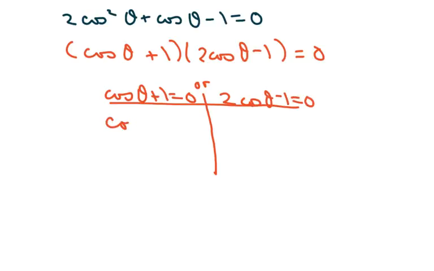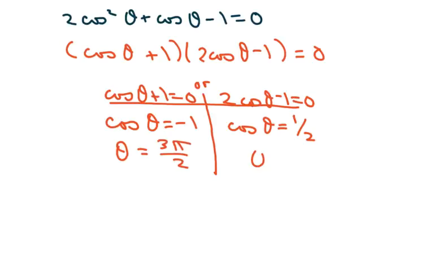In this case, on the left, we have cosine of theta equals negative 1, and on the right, we have cosine of theta equals 1/2. I added the 1 and divided by 2. So here we have theta equals pi, on this side, we have theta equals pi over 3. My solution set, therefore, is pi over 2, comma 3 pi over 2.